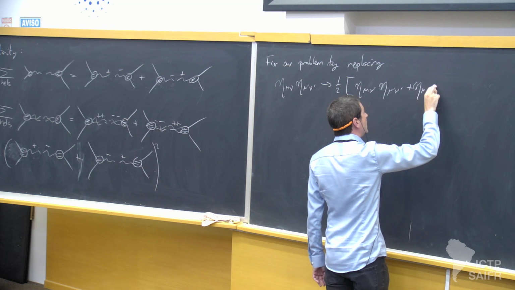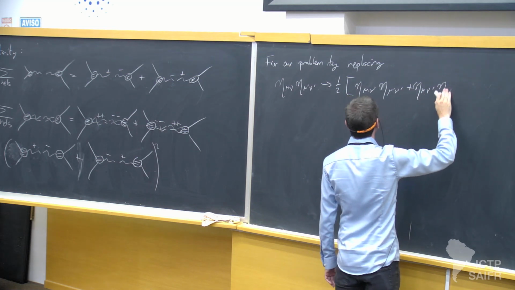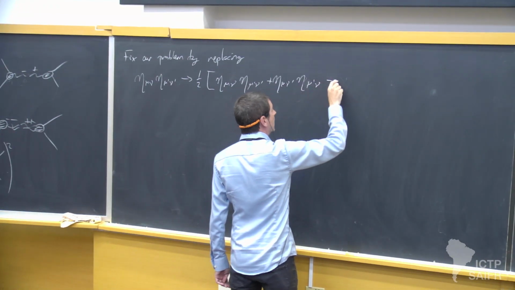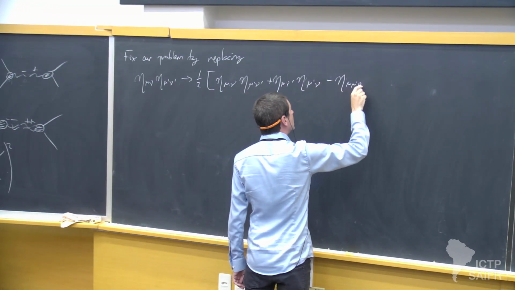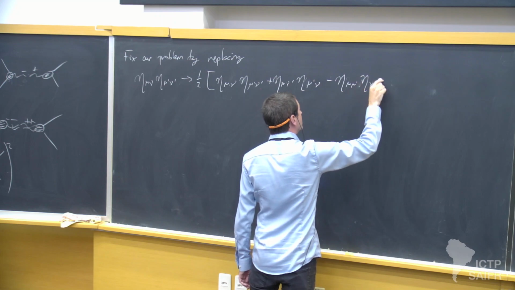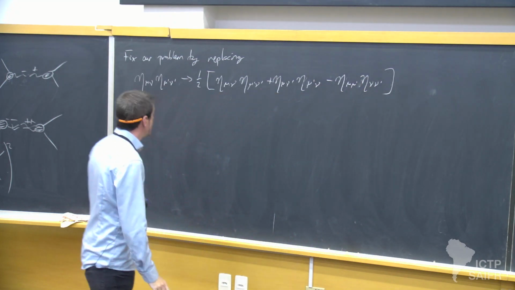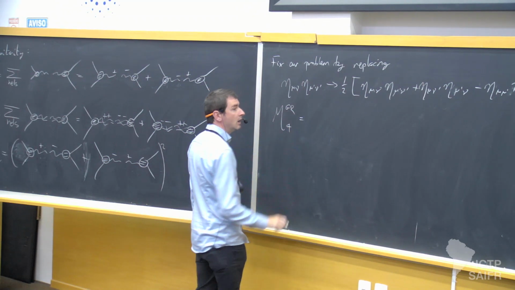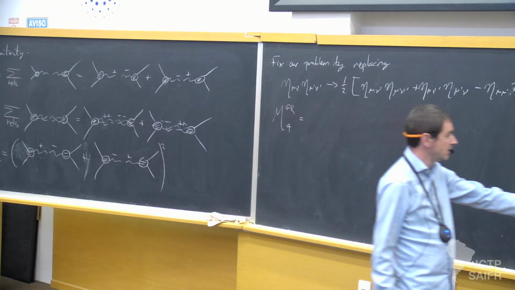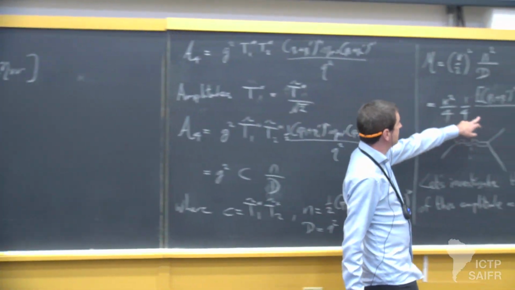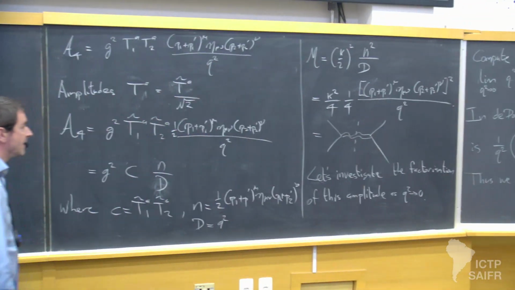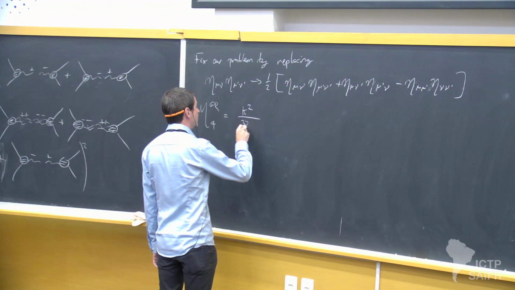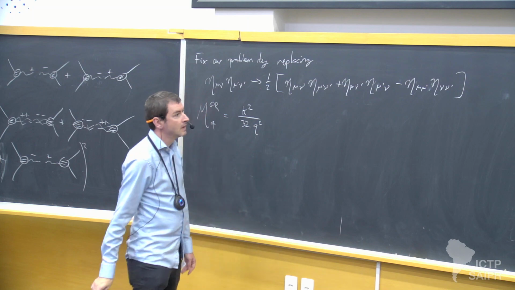Eta mu nu prime, eta mu prime mu minus eta mu mu prime, eta nu nu prime. So the amplitude then in gravity will be what I had here, except I need to fix up that replacement. So I guess I'll get kappa squared over 32 q squared.